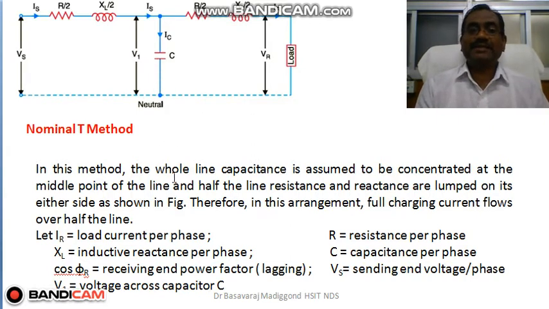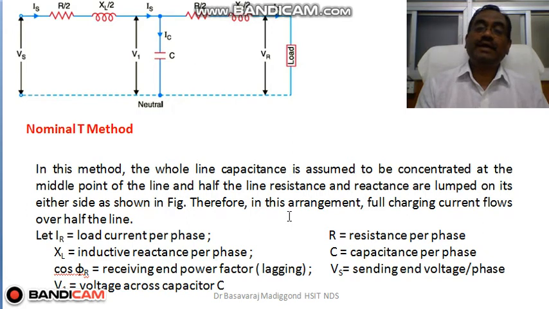In this method, the whole line capacitance is assumed to be concentrated at the middle point of the line, and half the line resistance and reactance are lumped on either side, as shown in the figure.